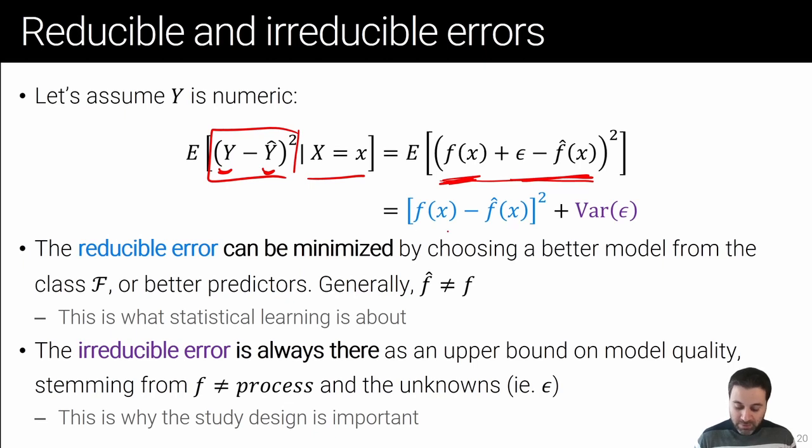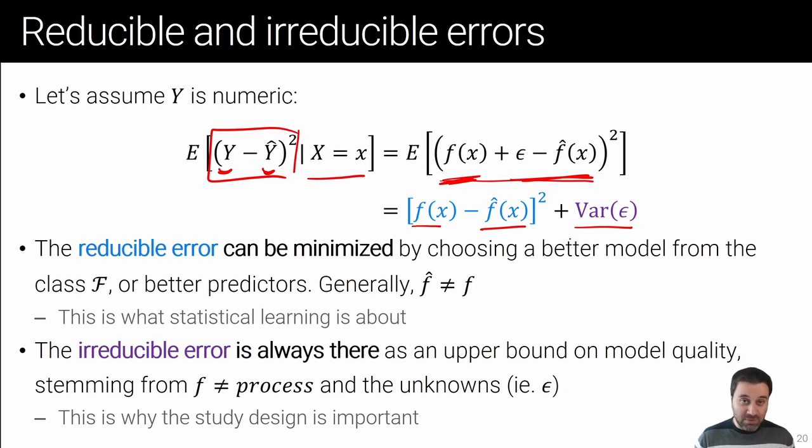The one in blue, if you think about it, is the difference between the optimal model and the estimated model squared. This is what we call the reducible error. And then we have, again, something about epsilon, something about the error that is always going to be in there. And in particular, we had the variance of that error. So in essence, the magnitude of the error, how much we have.